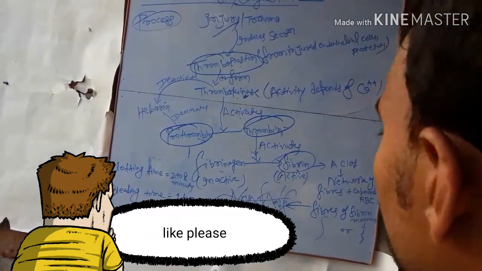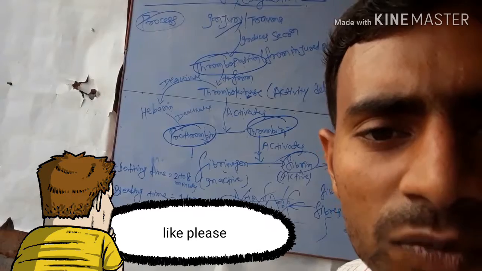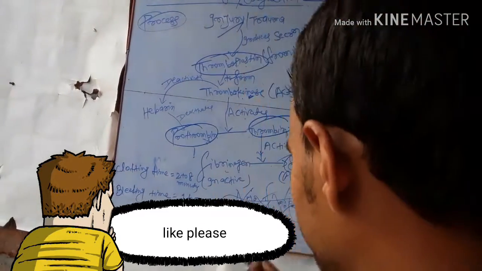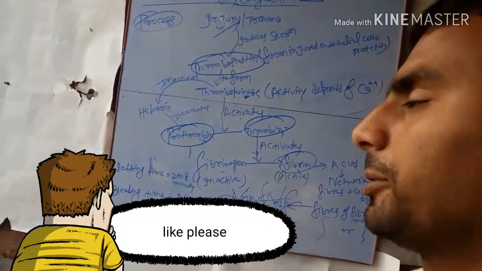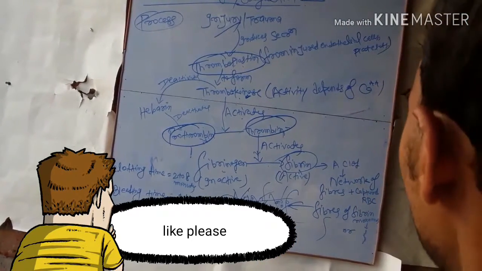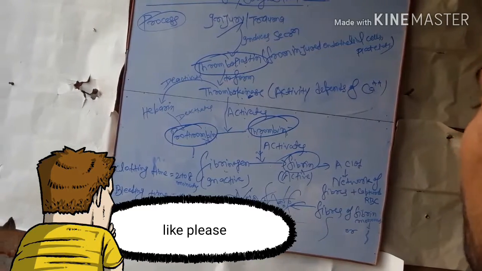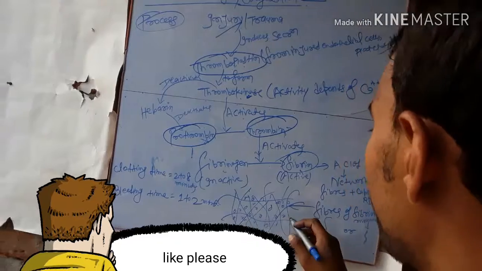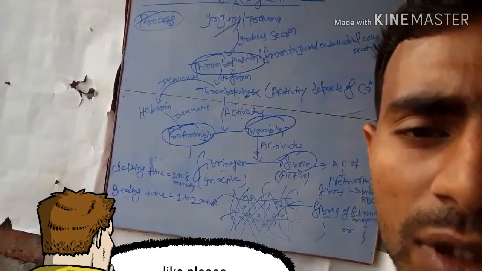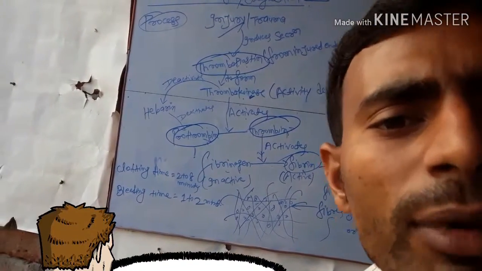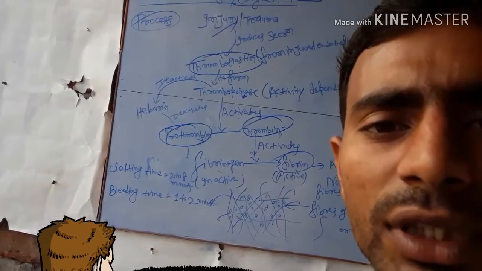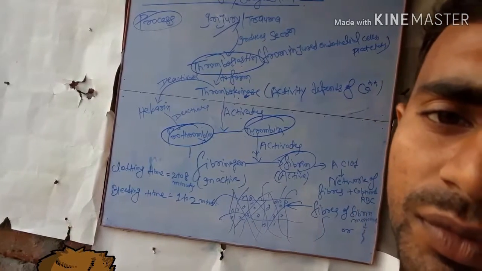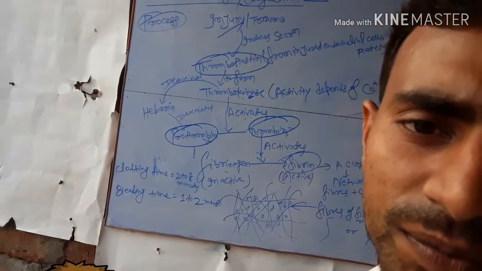A network of fibers captures RBCs, like this. Fibrin is a monomer and fibers are the addition of many fibrin monomers.